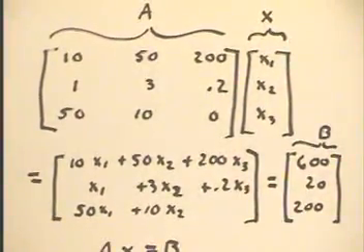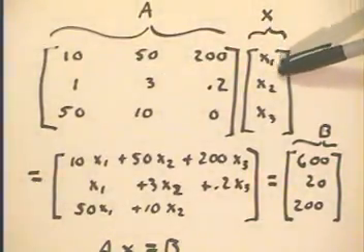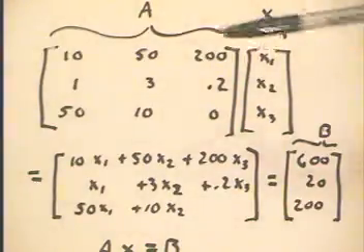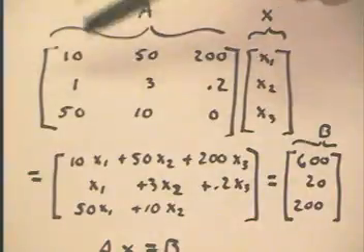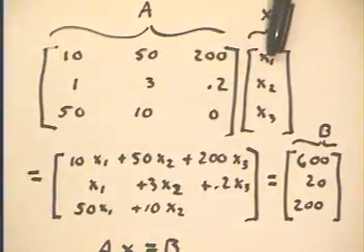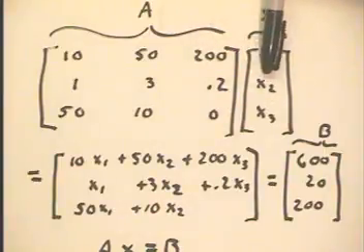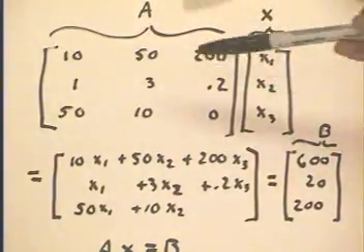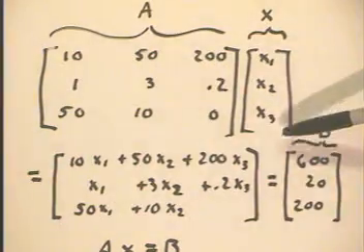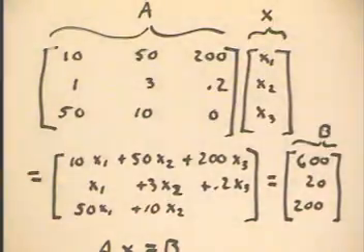The first matrix, which we'll call A, is just the set of coefficients that you would multiply by x1, x2, and x3, the amounts of gelatin, fish, and meat, so that the first row is interpreted as 10 calories per unit of gelatin times the number of units of gelatin, 50 calories times the number of units of fish, and 200 calories times the number of units of meat. So that's the meaning of multiplying this row by this column, and of course the result is just this expression here, which is the left-hand side of the first equation.